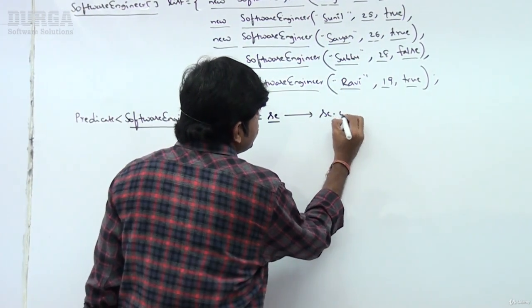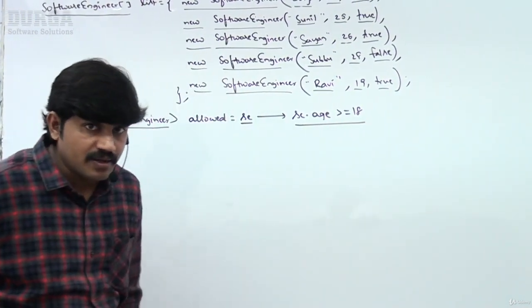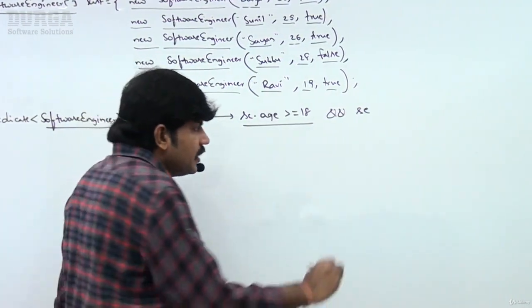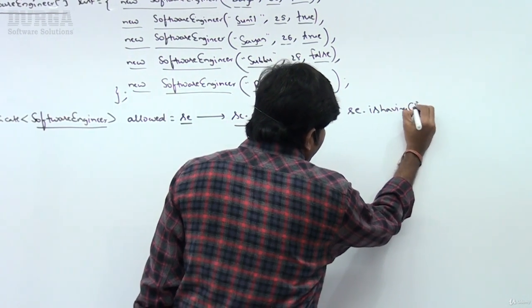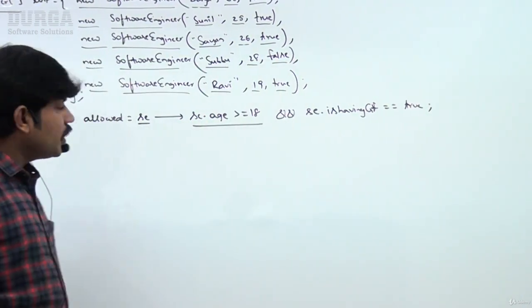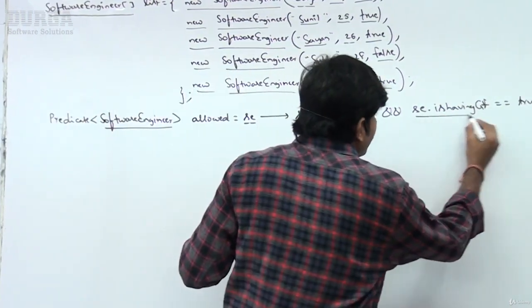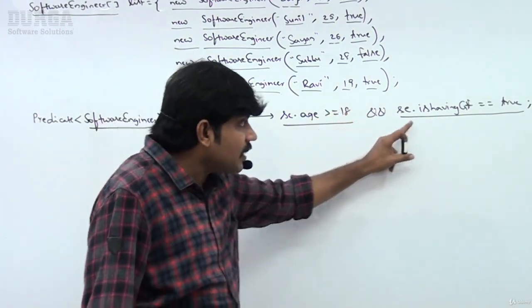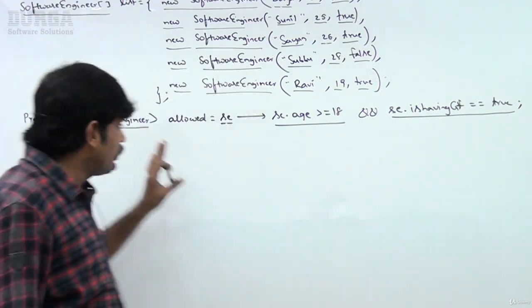Software engineer age should be greater than or equal to 18, and the software engineer isHavingGirlfriend should be true. Are you getting? So compulsorily his age should be greater than or equal to 18, and this person should have a girlfriend. To check this, I wrote a predicate.